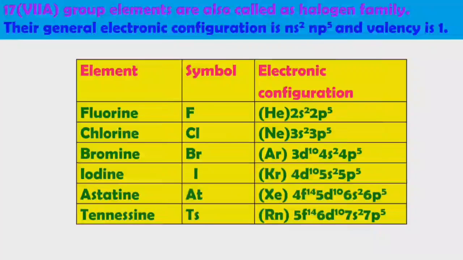For iodine it is 5s2 5p5. For astatine it is 6s2 6p5. For tennessine it is 7s2 7p5. So valency shell electronic configuration of 7th A group elements is ns2 np5 and their valency is 1.